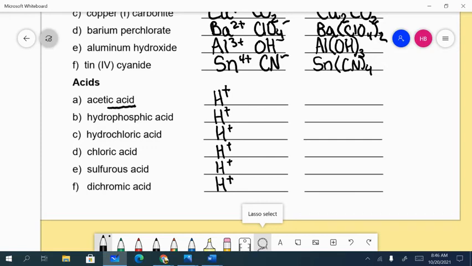Remember, it doesn't have a hydro, so IC acid means that my polyatomic ion used to be, or what I'm looking for, is acetate. It's an ATE. So I find C2H3O2 is acetate, and it has a charge of -1. This is what tells me I need one hydrogen to balance out the -1.